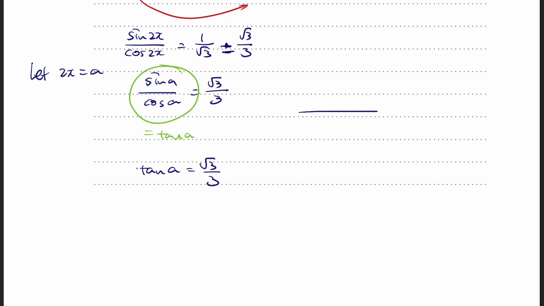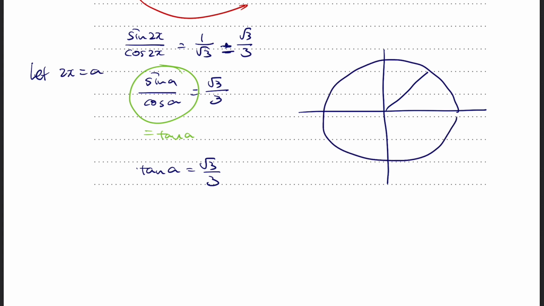And on the unit circle, there are only two ways that we can have a tangent value equal to square root 3 over 3, which are the 30 degree or pi over 6, or the 210 degree angle or 7 pi over 6, right?